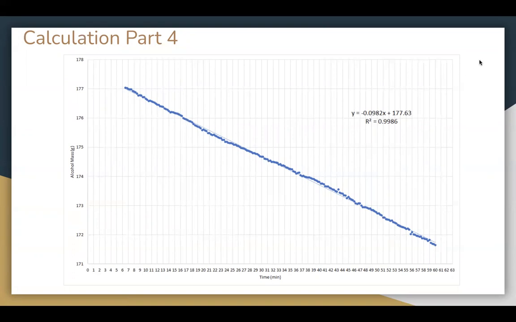Think of this as the y equals mx plus b equation, which we have seen various times. In this experiment, the m value is negative 0.09982, which shows the rate of evaporation, which is negative and linear. I find this model to be very accurate because it's very close to the Excel spreadsheet that was provided to us. Next slide, please.